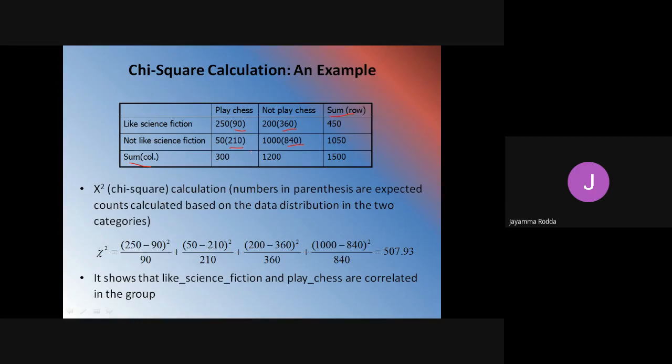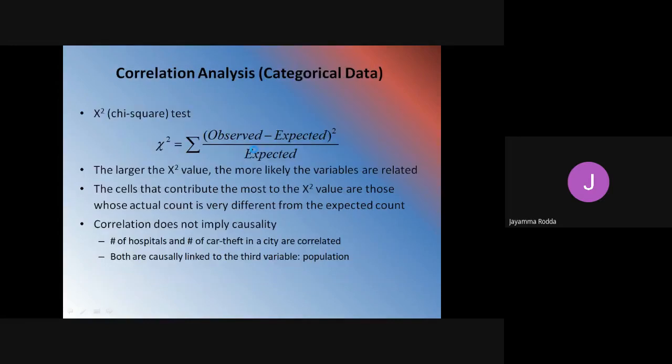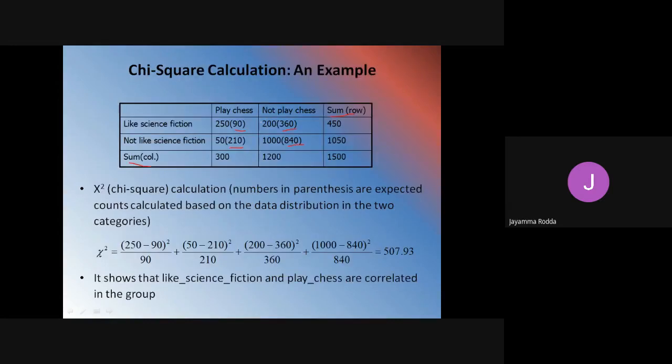Now, based on the expected value and the observed value, we are going to find out the chi-square value. So here the chi-square calculation will be done.